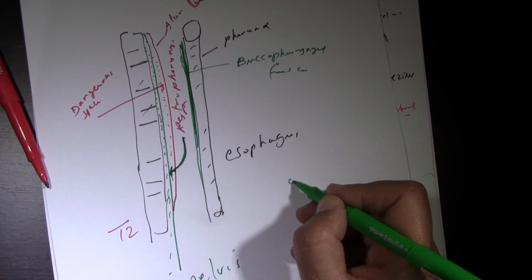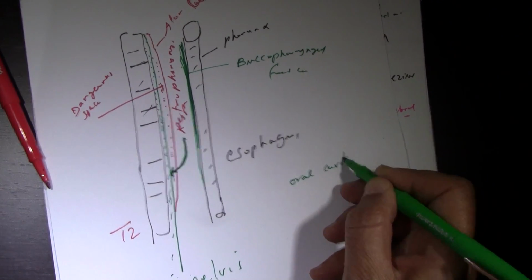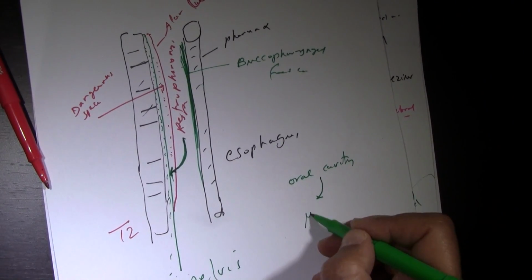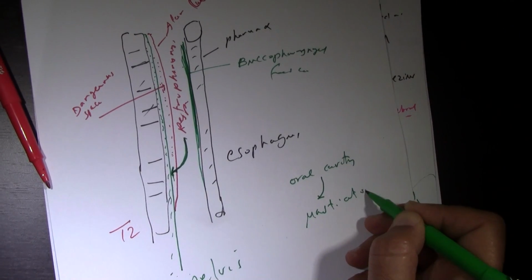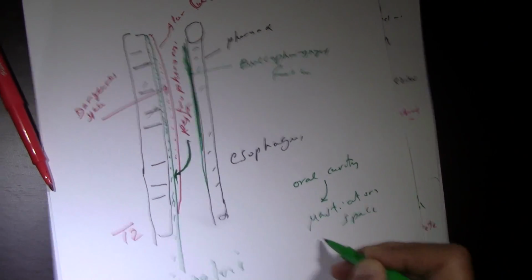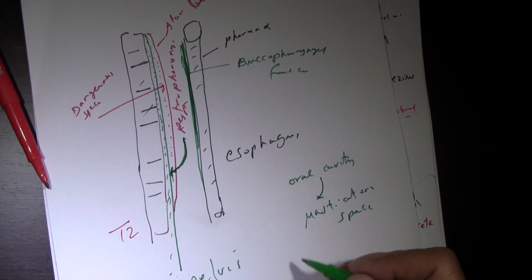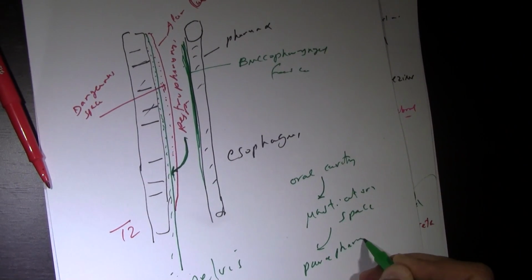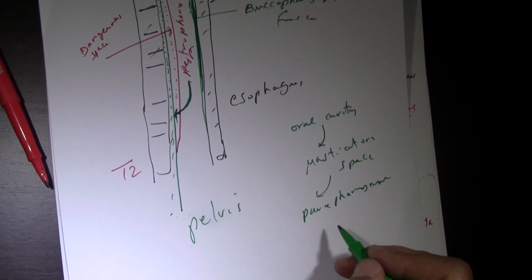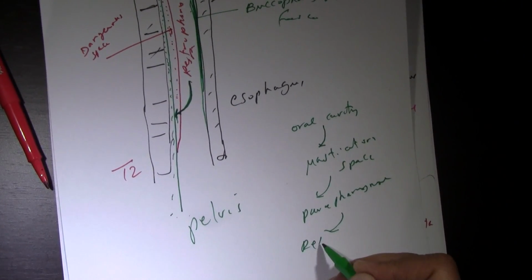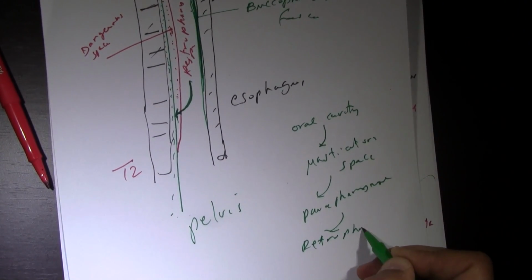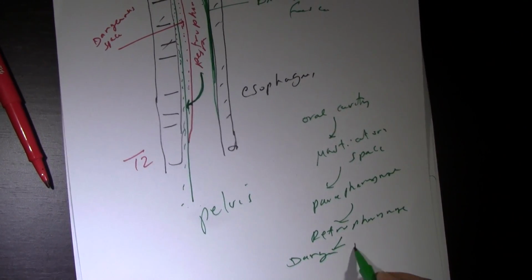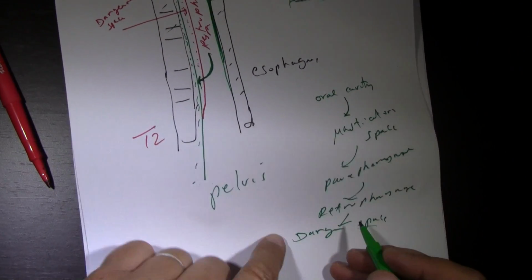So this is the direction of the flow, or direction of spread of infection. It can come from the oral cavity, from teeth. It can go to any of the masticatory spaces, or sublingual, submandibular, and it can go parapharyngeal. Then from parapharyngeal it can go retropharyngeal, and from there dangerous space, and then mediastinum.